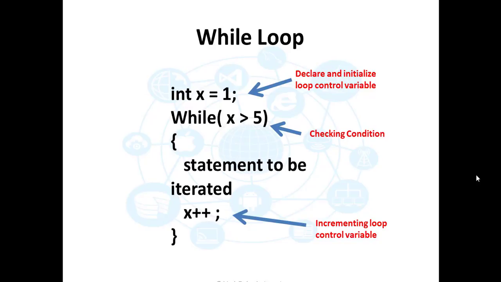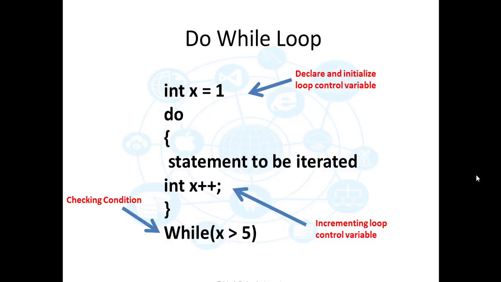But in the case of the do while loop we have a declared or initialized variable. After that, we write the statements which we want to execute, followed by the increment or decrement operator, and at the end we check the condition. In this structure you can see that int x equals 1 is the initialized variable. In the do block we write the statements.